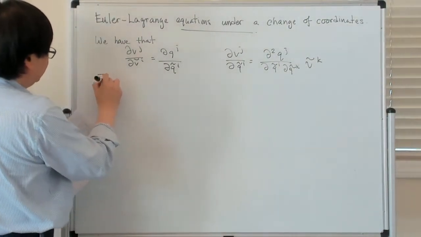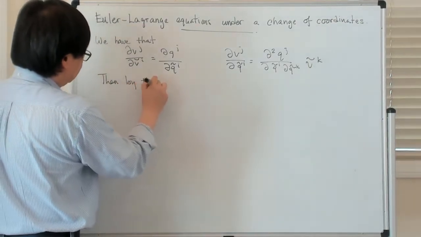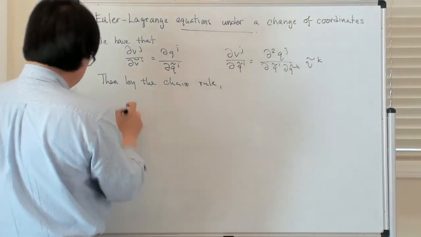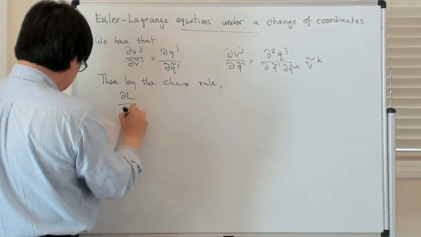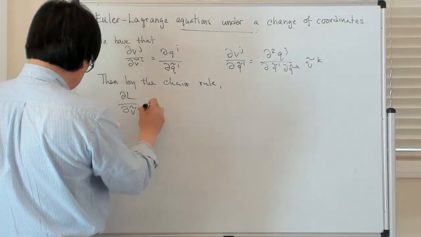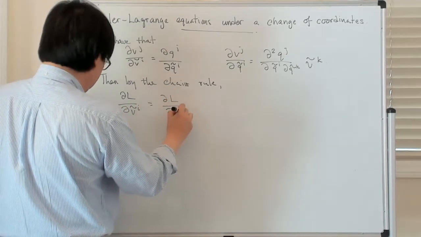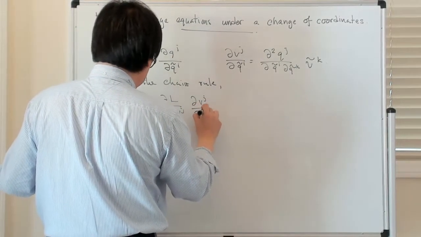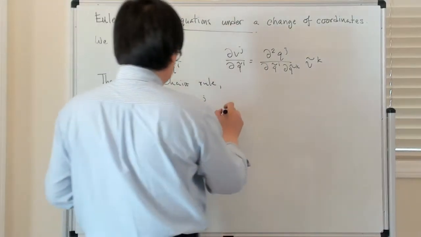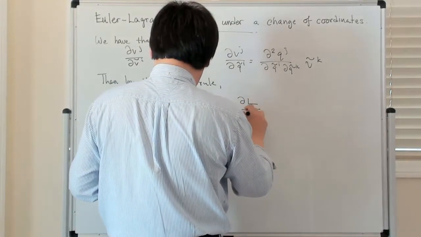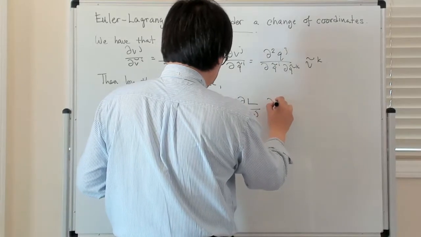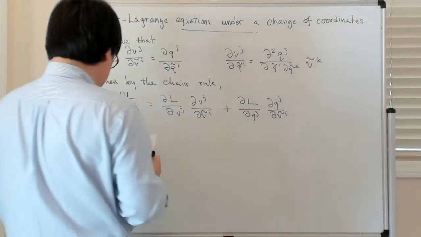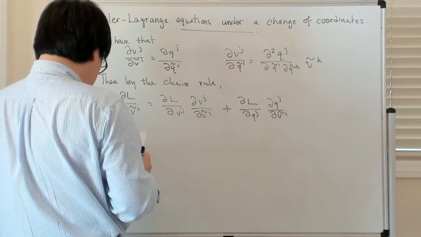Then by the chain rule, we have that ∂L/∂ṽ_i is equal to ∂L/∂v_j ∂v_j/∂ṽ_i, plus ∂L/∂q_j ∂q_j/∂ṽ_i.